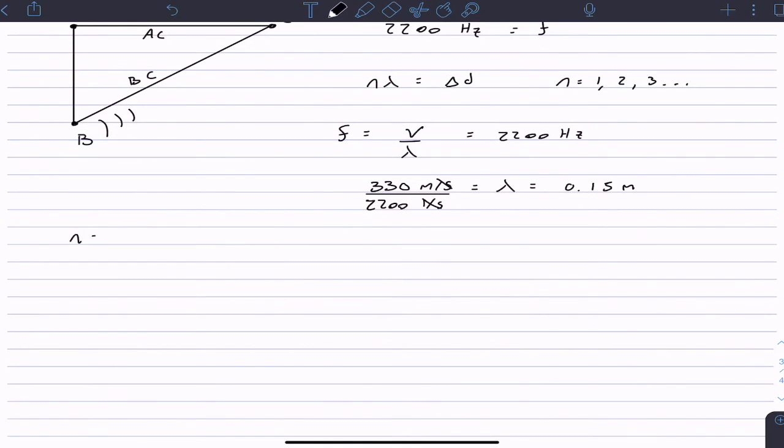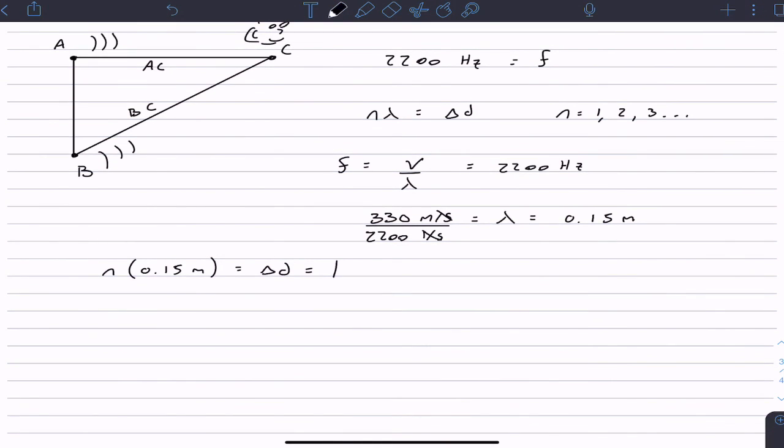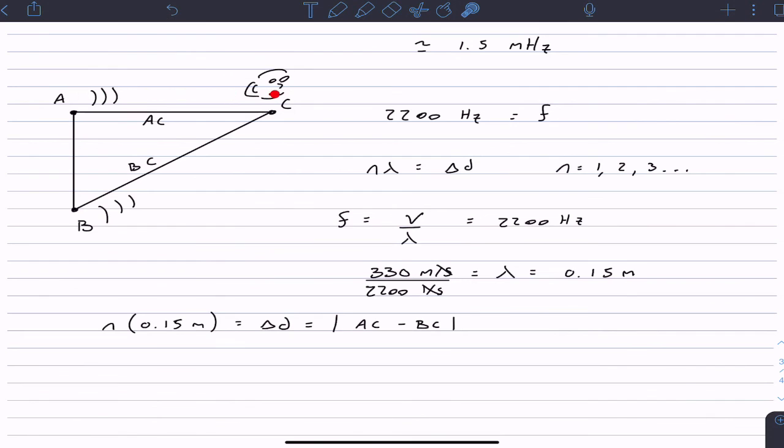So now we're going to take n to be 1 because we just want to consider the first order. We want to know where we are at a maximum. Actually, that's not true yet. Let's not jump to conclusions. So we're going to take n times 0.15 meters. That's your wavelength, and then we have the difference in distances, right? So this is just the absolute difference between AC minus BC, because we want the distances from the sources to the receiver, right?